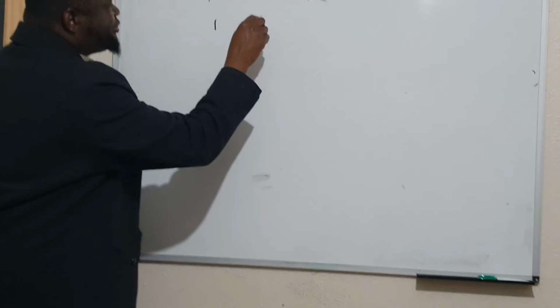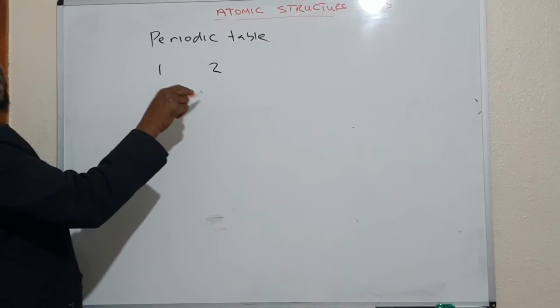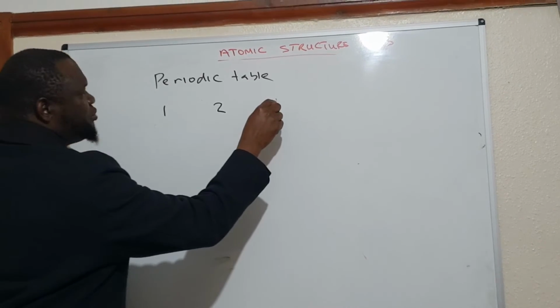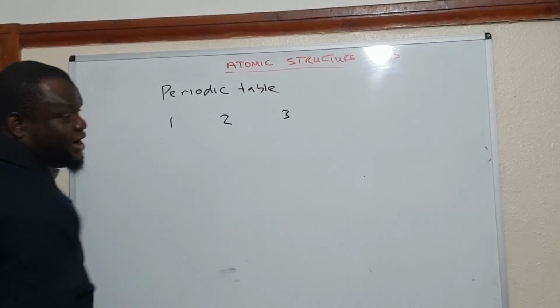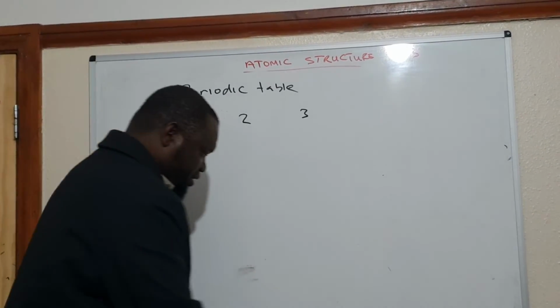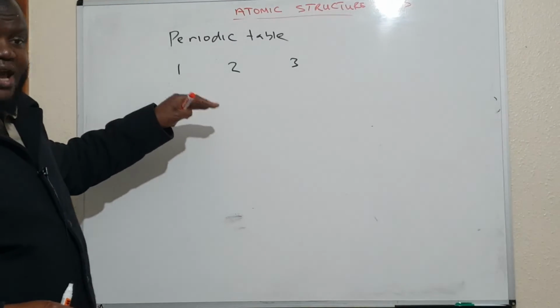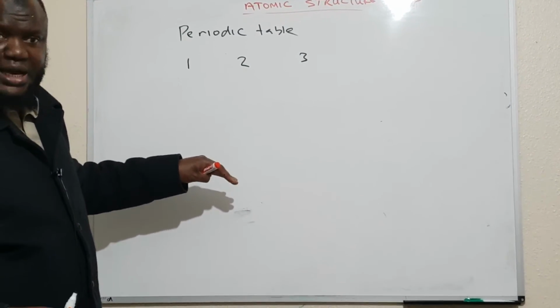Group 2 have 2 electrons in the outermost shell, group 3 have 3. That's called the periodic table: arranging the elements based on the number of electrons in their outermost shell.